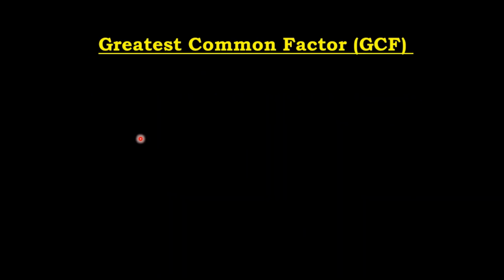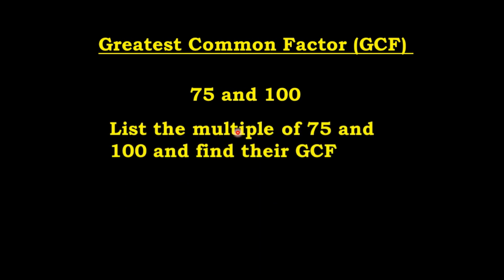Of course, before going further with our lesson, let us first recall our knowledge about finding the greatest common factor, or GCF. Let us try to find out the GCF of 75 and 100. To do that, we need to list the multiples of 75 and 100 and find their GCF.